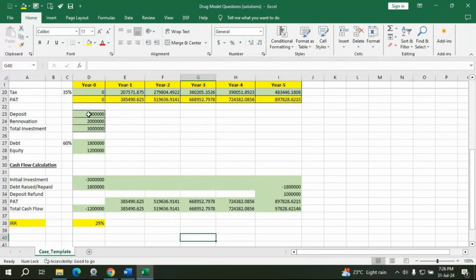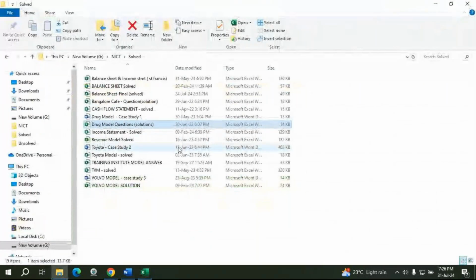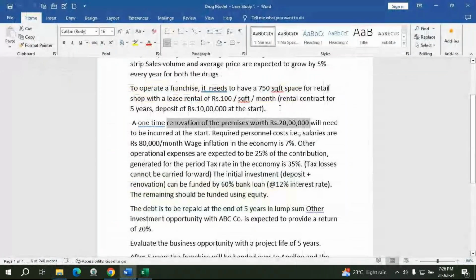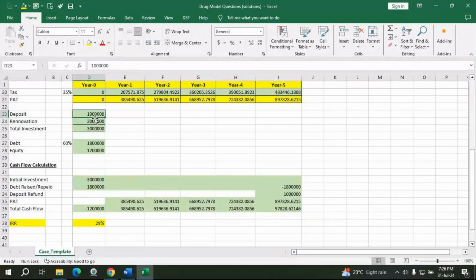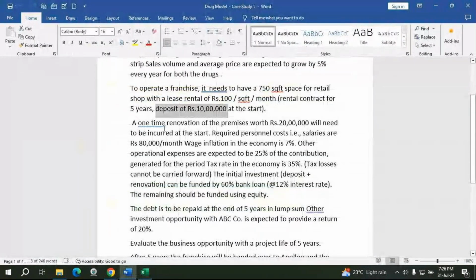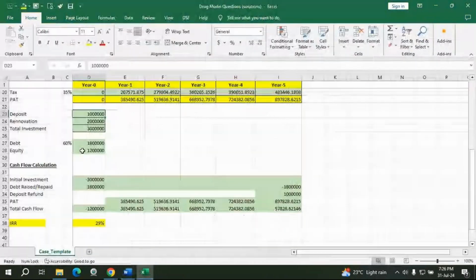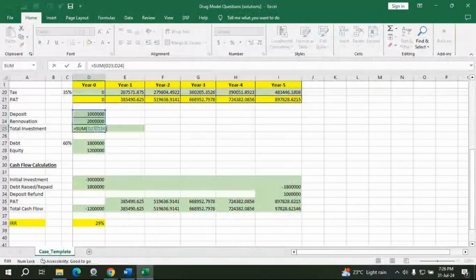Okay, so here deposit, as per the case study, is 10 lakh rupees, isn't it? Renovation is 20 lakh rupees. So the total investment will be 3 crore rupees.